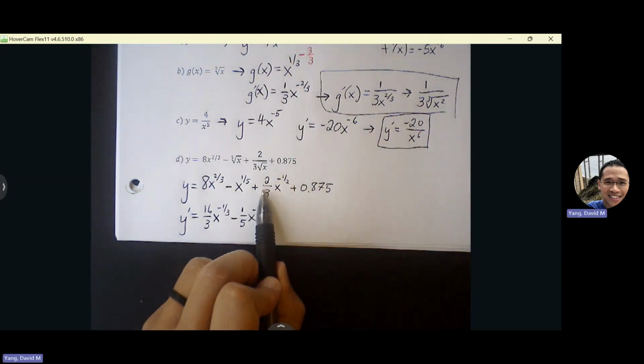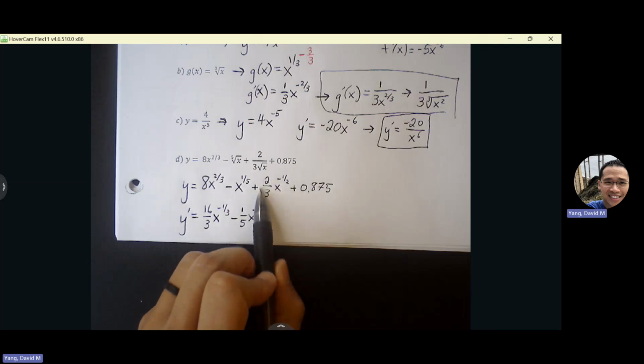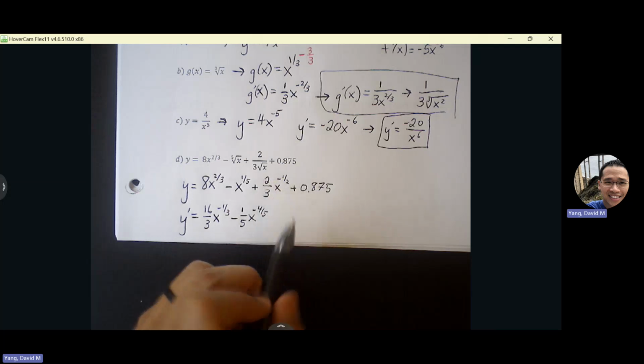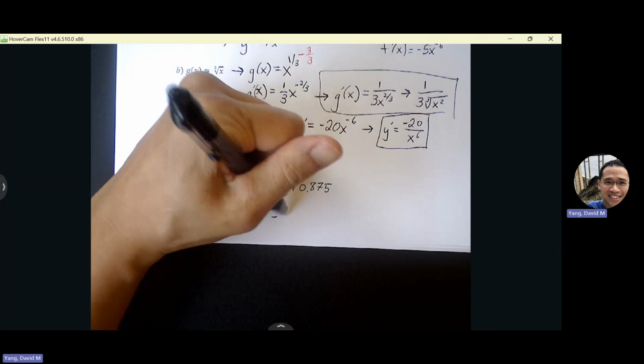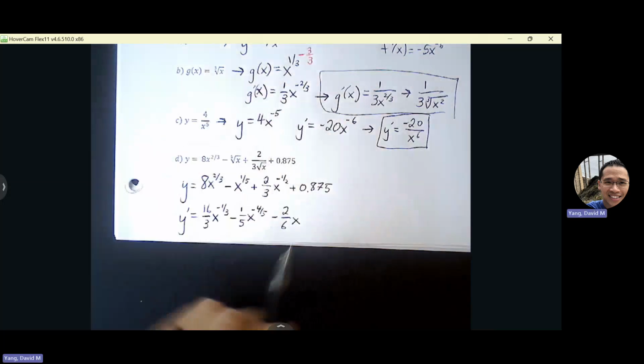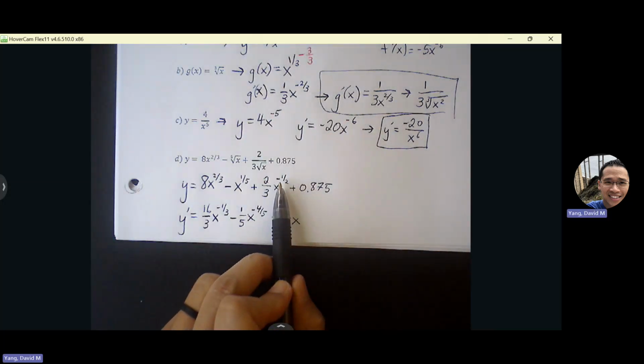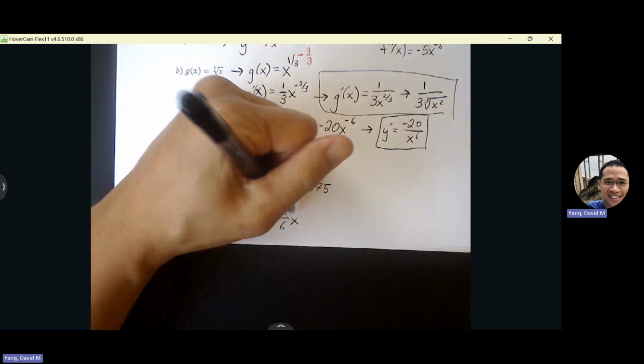Bring down the -1/2, multiply it by the coefficient that's sitting here already. So I get -2/6. X to the -2/2. I'm subtracting 1 from the exponent, but I imagine it as -2/2, so I can visualize the common denominator.